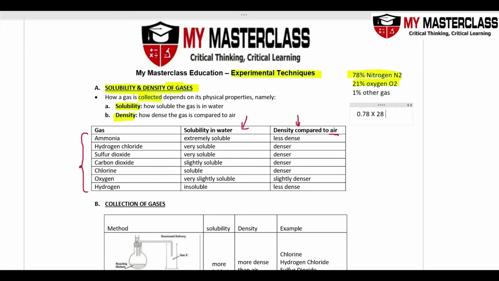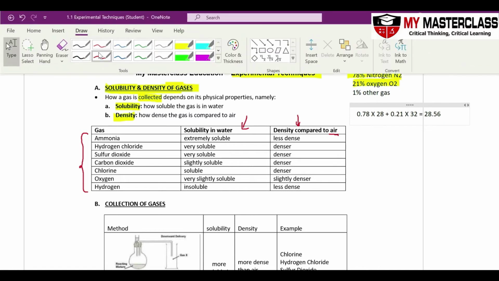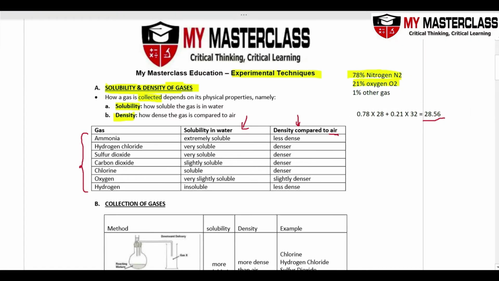Then I add the percentage of oxygen, 0.21, multiplied by the relative mass of oxygen, 16 plus 16 is 32. This gives an approximate value of about 28.56. So this is the approximate density of air around us, or rather the approximate relative mass of air.